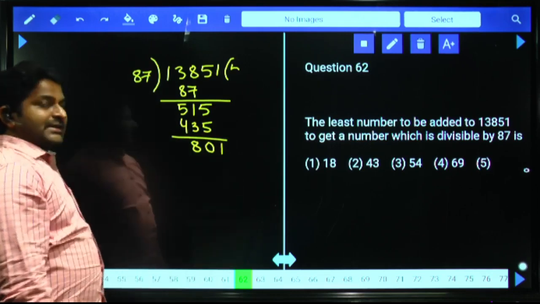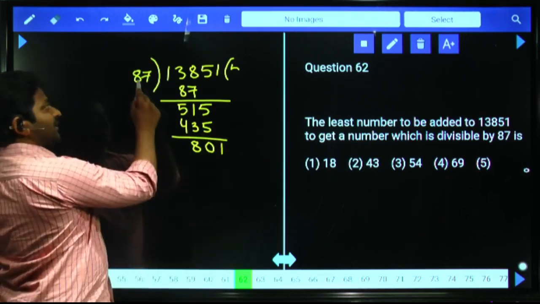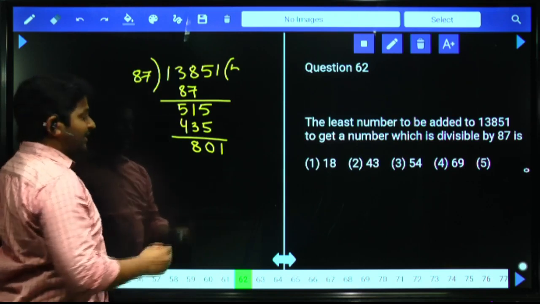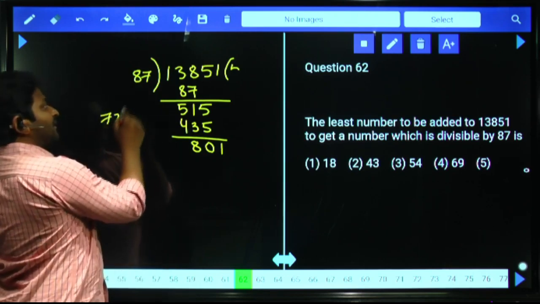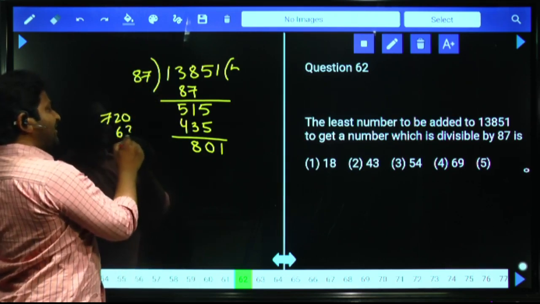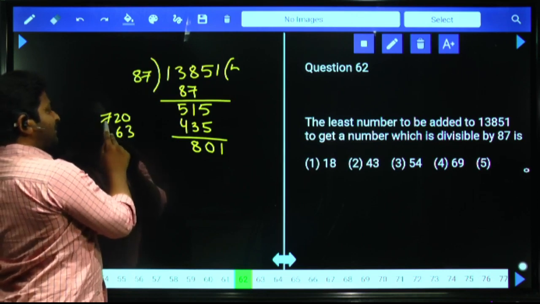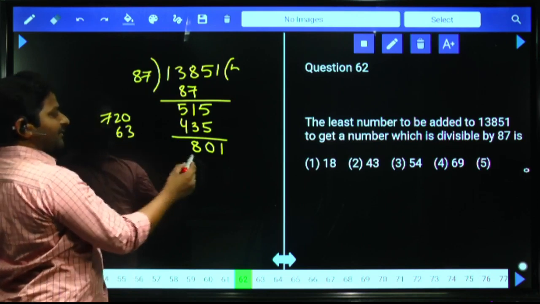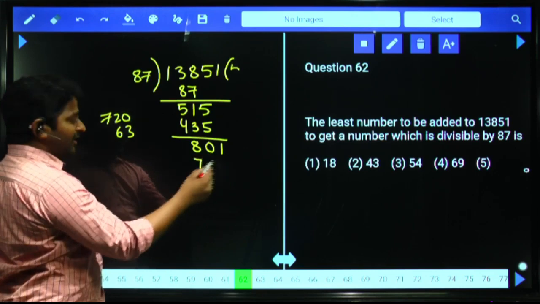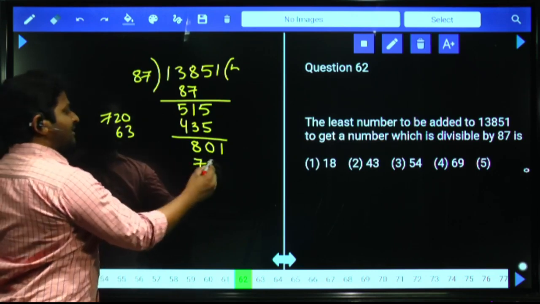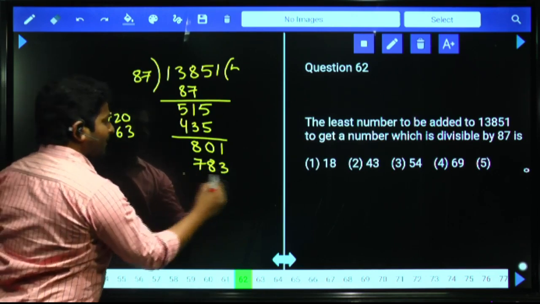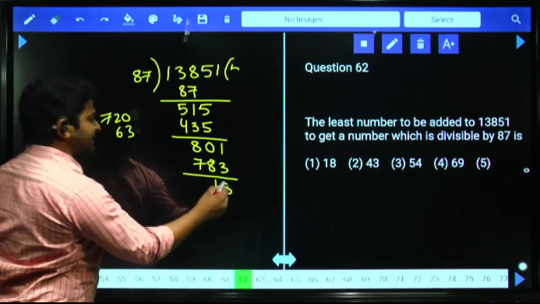Now let's take 9 times of this number. 80 into 9, that is 720. 7 into 9, 63. That is equal to 783. So actually after this you are done with this, but I'll tell you now. 783. Now how much is the remainder? Remainder is 18.